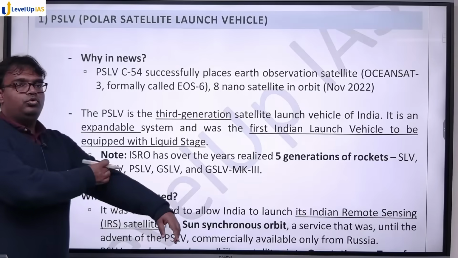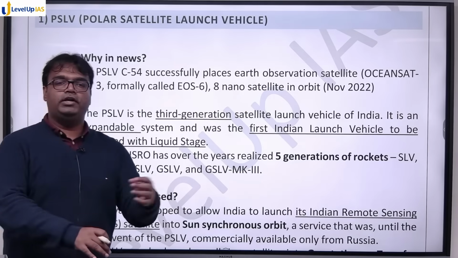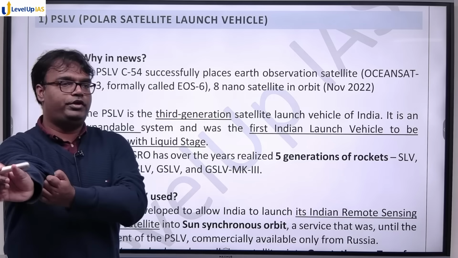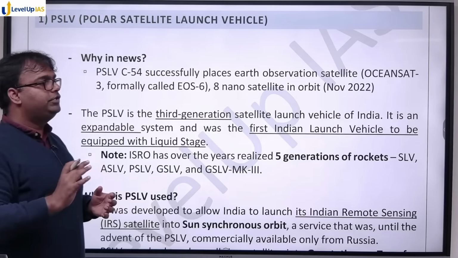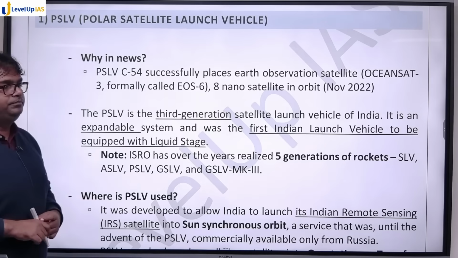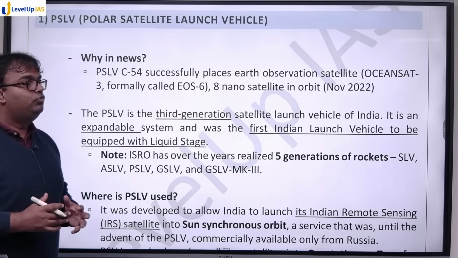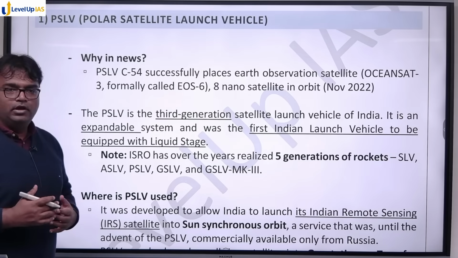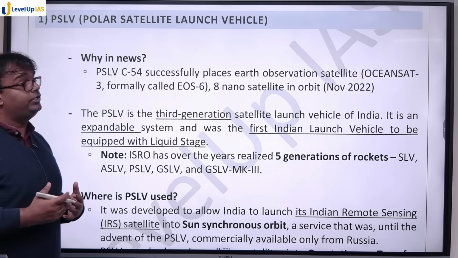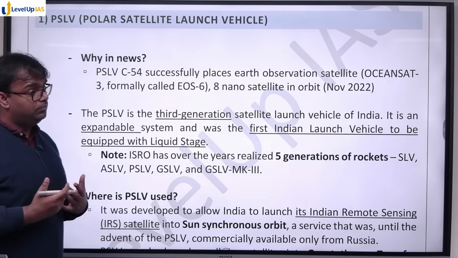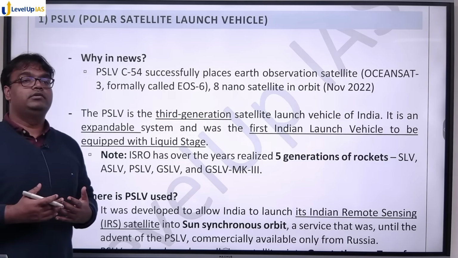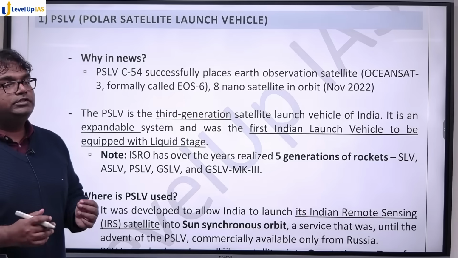Okay, so India so far have 5 generation of rockets. Third generation was PSLV, and it is also the most important rocket that India has. The rocket that has been used the most, the rocket which has had the highest number of launches. It is PSLV.